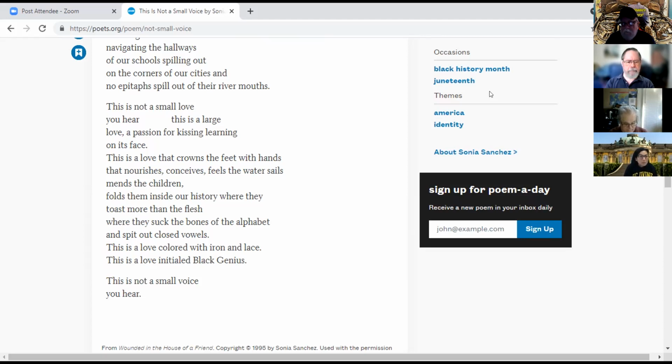Well, it's got the poem by Sonia Sanchez. So no clue there. Well, it's a wonderful poem, and anything that results in a wonderful poem, I'm down with it. That's for sure.